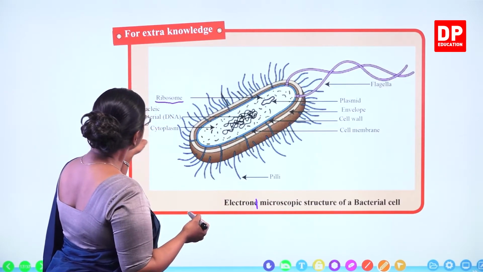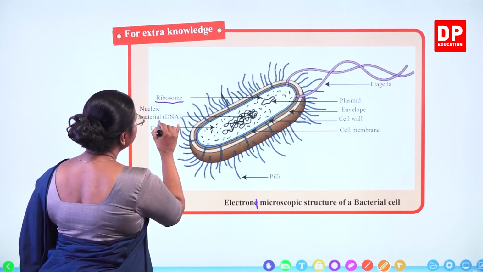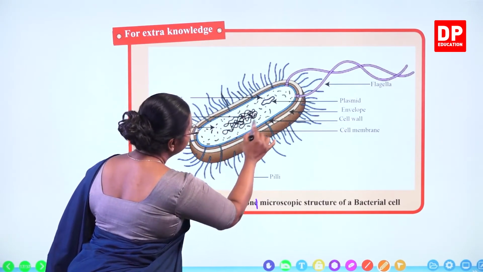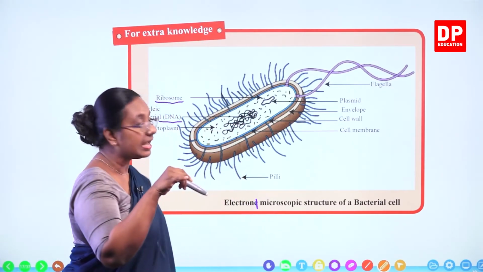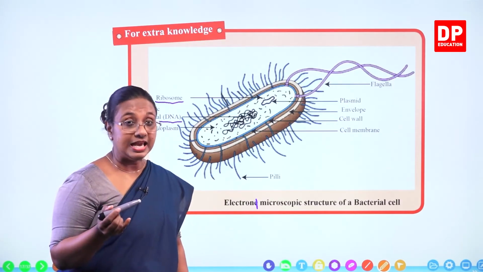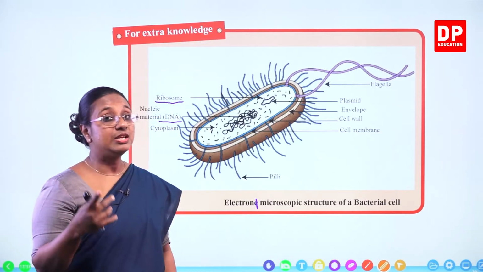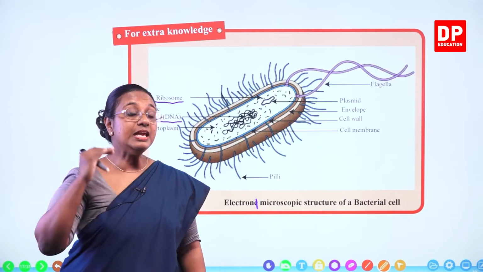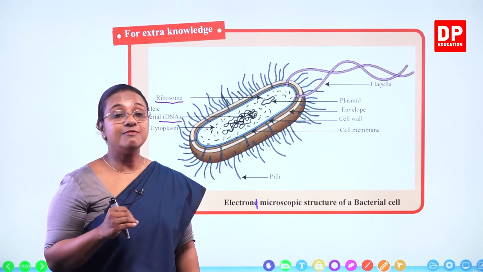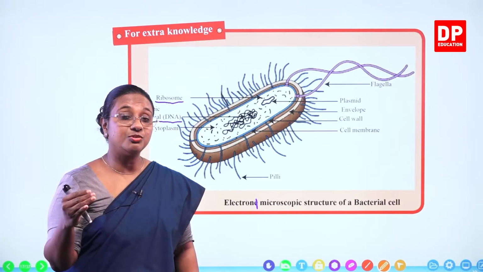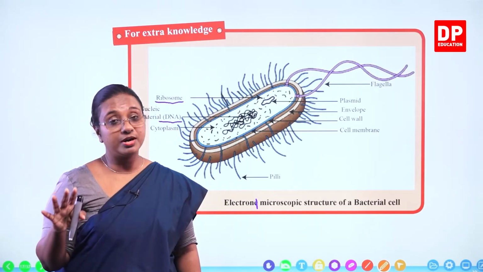Then you can see nucleic material and you can see it is DNA. So here this fiber-like structure or thread-like structure, that is the nucleic material DNA. So when we discuss nucleic acid, you all can remember students, normally DNA stores genetic information and carries genetic information from one generation to the other in most of the organisms.